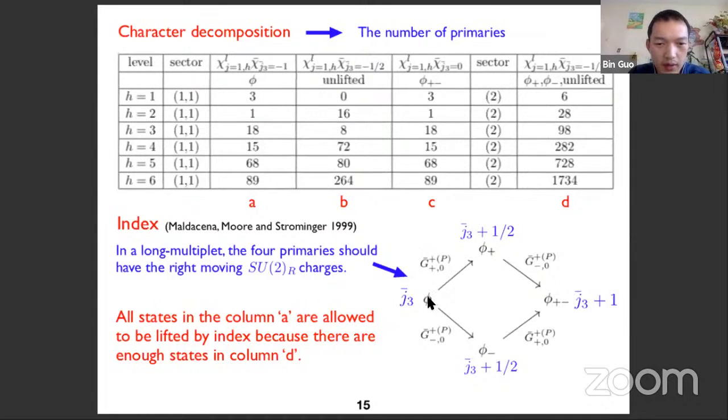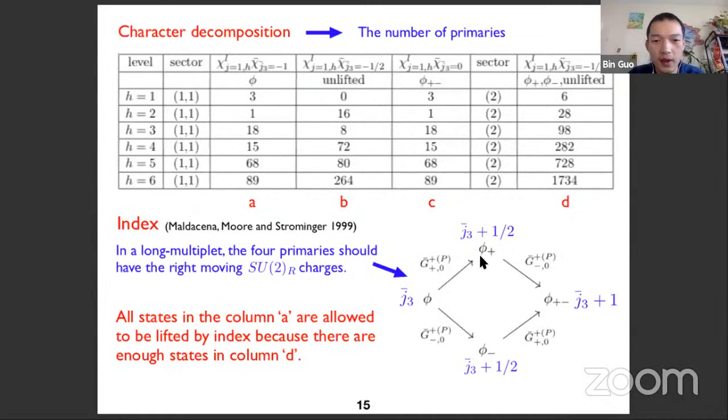If the bottom member has the right moving SU2 charge J bar 3, the middle member increases the charge by half and the top member increases by 1. So you can fit this charge into this table. The bottom member has -1, the middle member has -half, and the top member has 0.